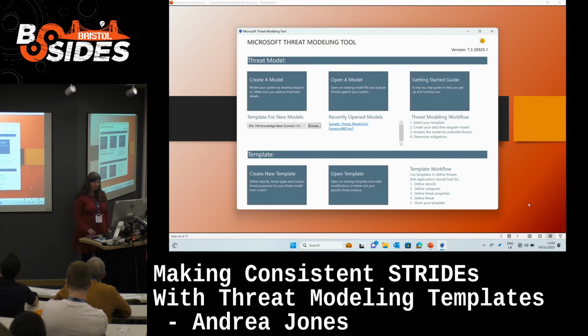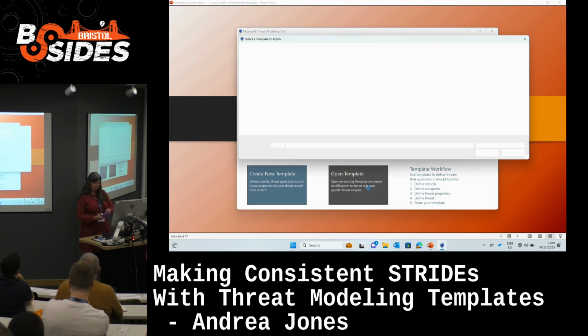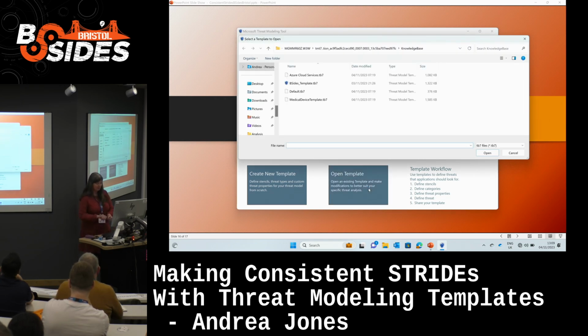Right, so here is the tool. I'm going to start off by opening a template, just so that I can show you some of the nuts and bolts of how this is made. I've got one that I've made for today.